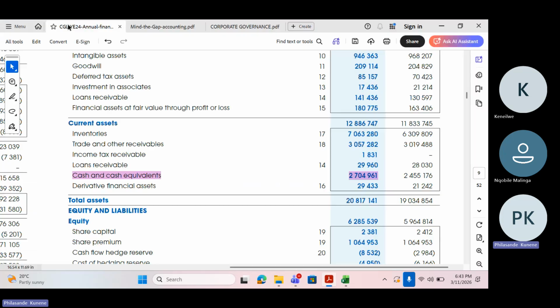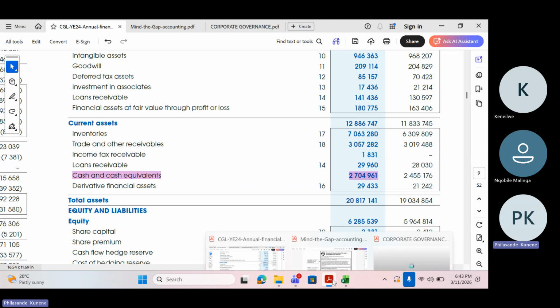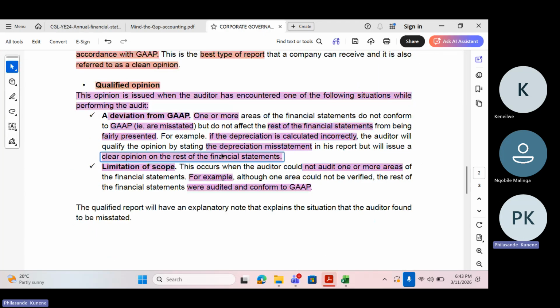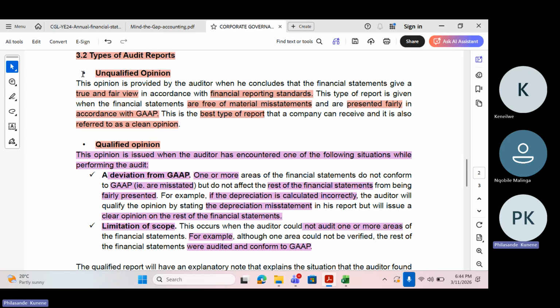That's when I'm going to qualify them, due to the limitation of scope. Although one error could not be verified, the rest of the financial statements were audited and conformed to GAAP. If I'm happy with everything else in the AFS, except cash and cash equivalents, I'll give them a qualified opinion. You guys can see the difference.